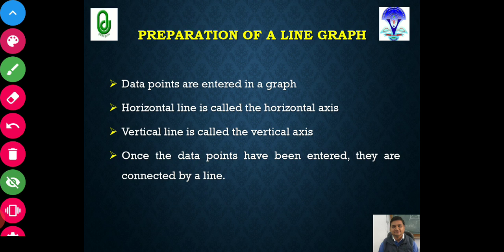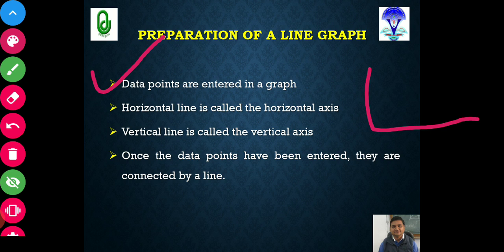Now, how to prepare a line graph? First of all, you have to enter the data points in the graph. What you see here is the x and y axis. Suppose this is the graph that you want to construct.